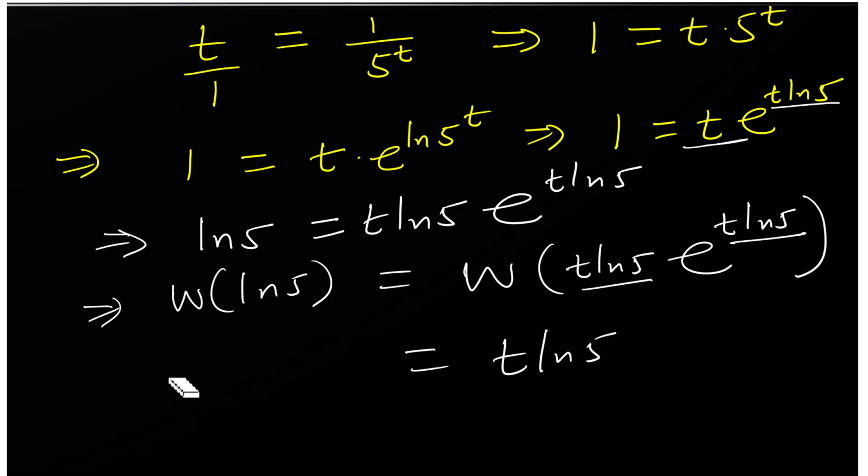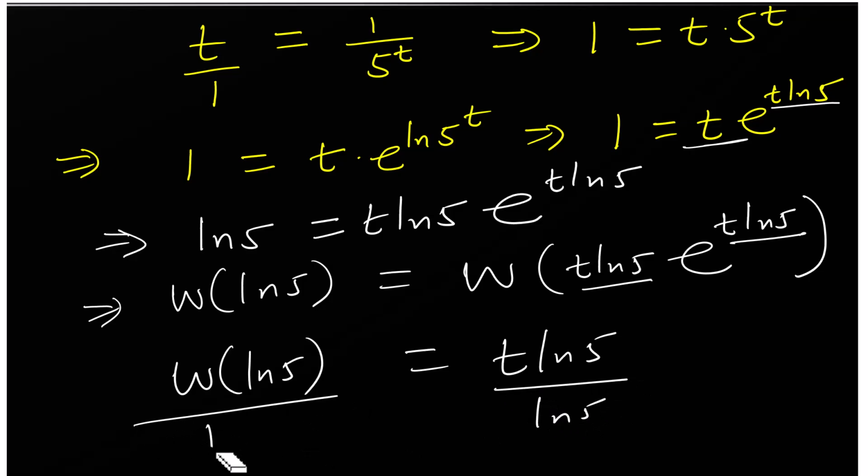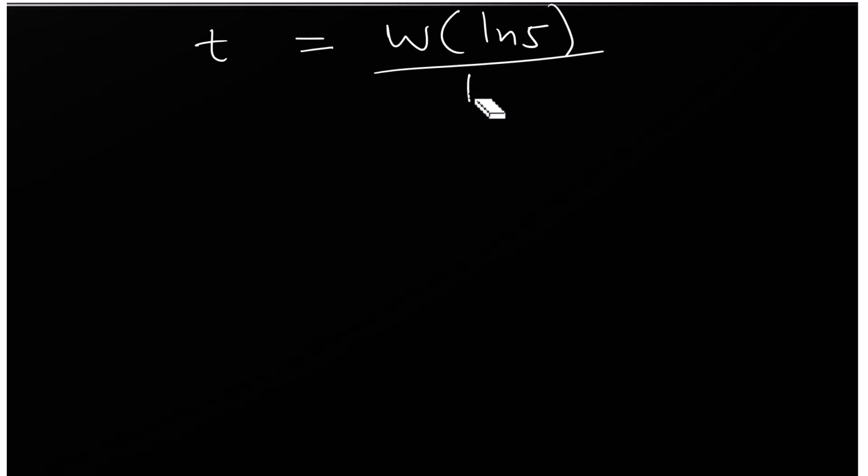And this side will be W function of ln of 5. Now let's divide both sides by ln of 5 since we are solving for t. Okay, so t is W function of ln of 5 over ln of 5.